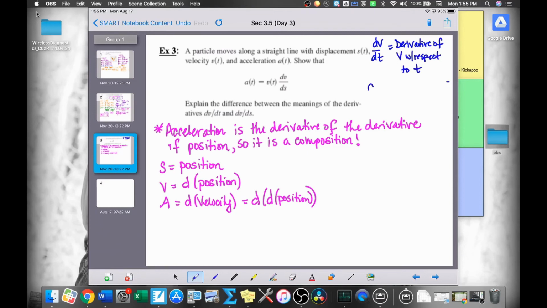And dv/ds is going to be equal to the derivative of velocity with respect to position. So with respect to s, which is our distance traveled.